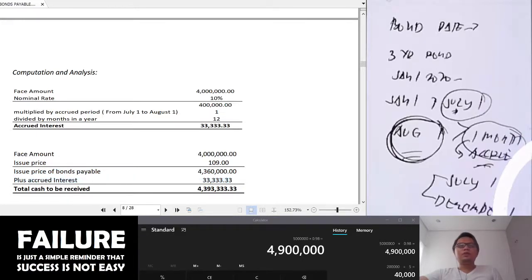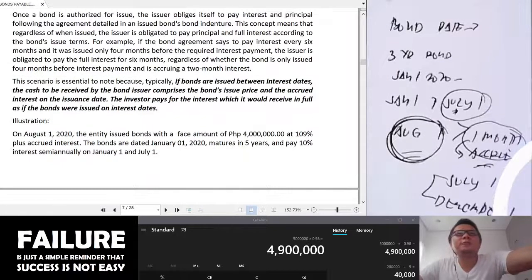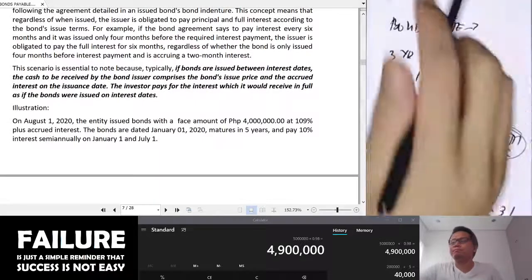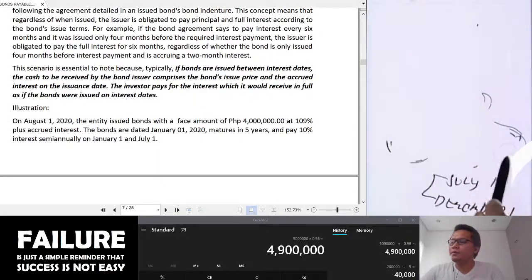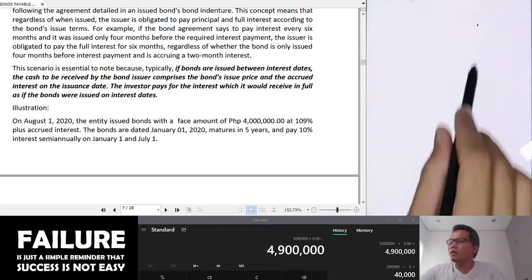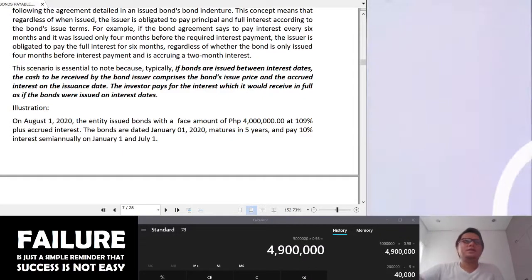So that is your total cash to be received. Meaning, yun nga, as if the investor refunds the issuer for the interest na matatanggap niya in full, yung period lang na hindi pa siya yung rightful owner. So to illustrate, we have this exercise.